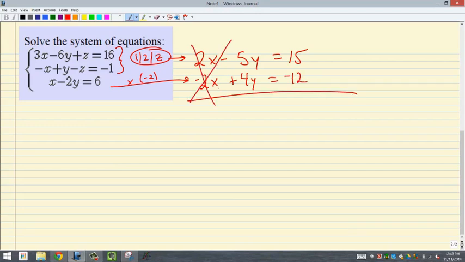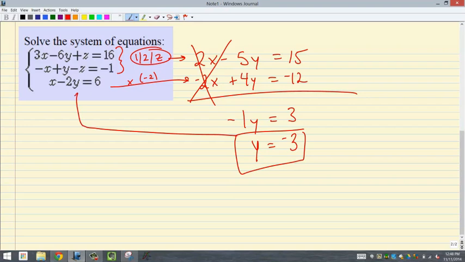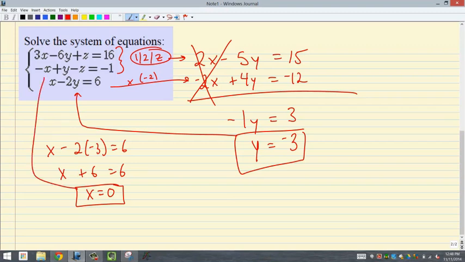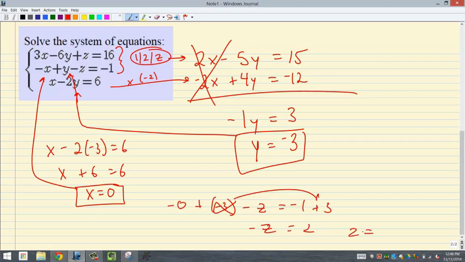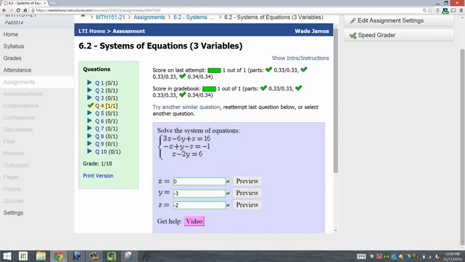So the x's cancel, and you get negative 1y equals 3, y equals negative 3. Back substitute that into the third equation and solve for x. X is equal to 0. Now take these two and back substitute them into the second equation and solve for z. Z equals negative 2. So we should have 0, negative 3, negative 2.